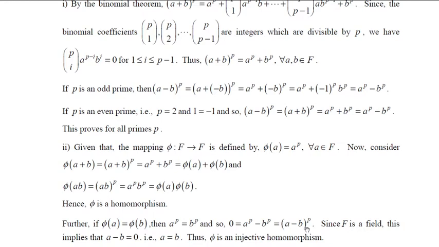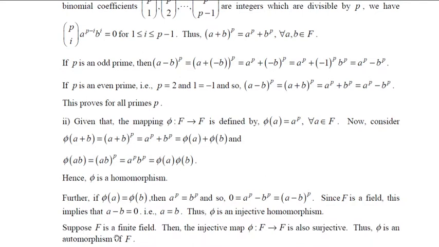So by that, since there are only p times a minus b, a minus b must be equal to 0, because F is a field and every field is an integral domain. Therefore, this property is true. If a minus b equal to 0, that implies that a equal to b. So we have proved if phi of a equal to phi of b, then a equal to b. Therefore, this mapping is an injective homomorphism.